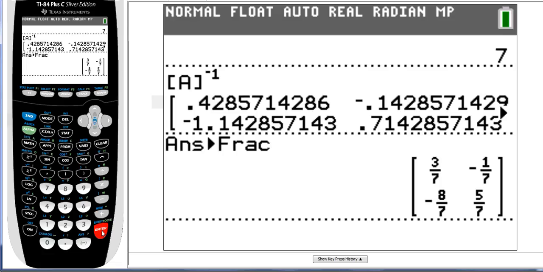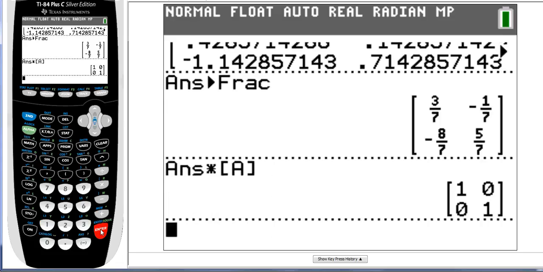Now I want to show you that if I take this answer and multiply it by my original matrix, which was matrix A, I should get the identity matrix, which I do.